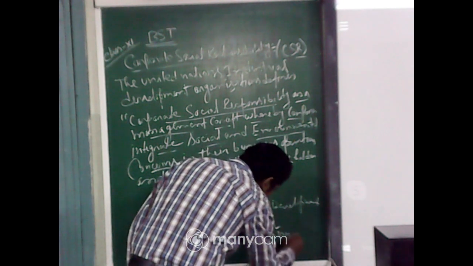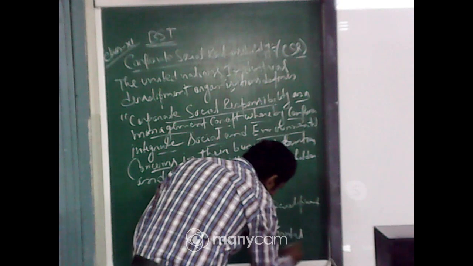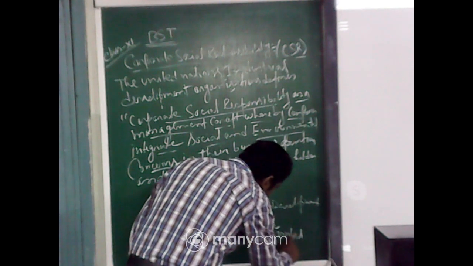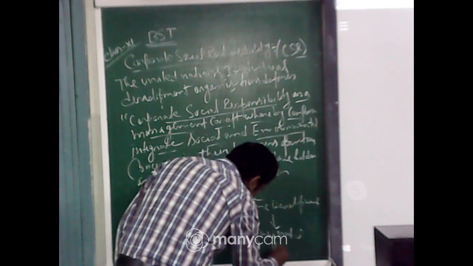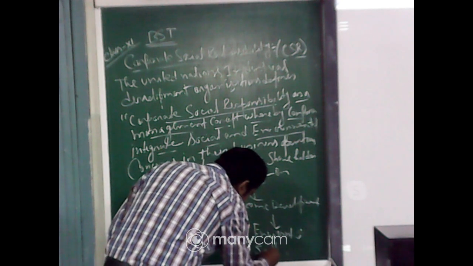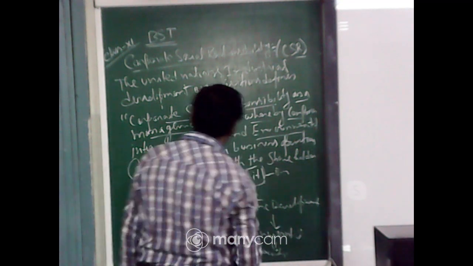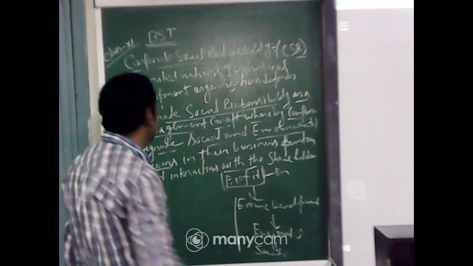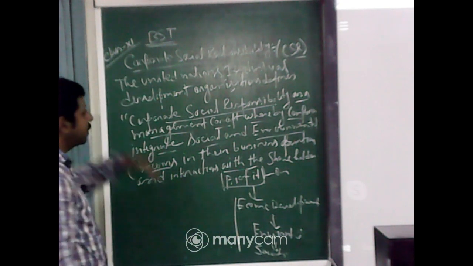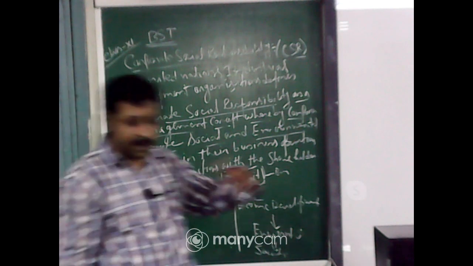You should not damage the environment, and you should also be responsible to the society. Okay, those are three things you should balance. Otherwise you cannot be sustained in the long term. So they define corporate social responsibility like that.